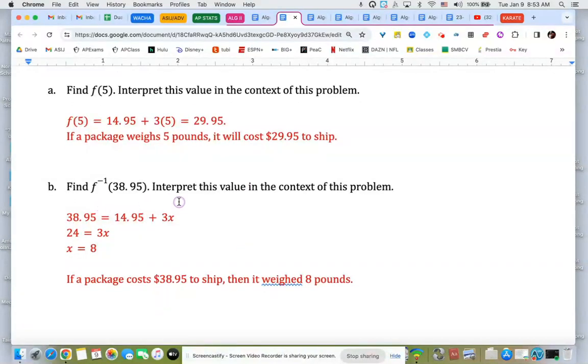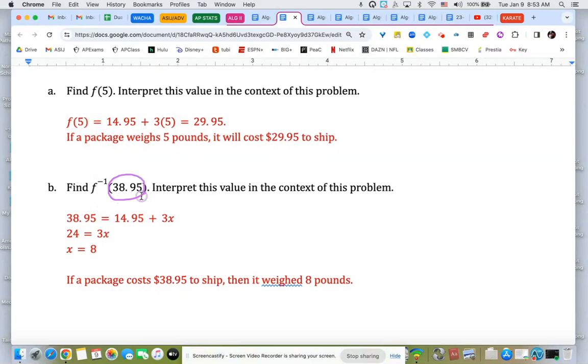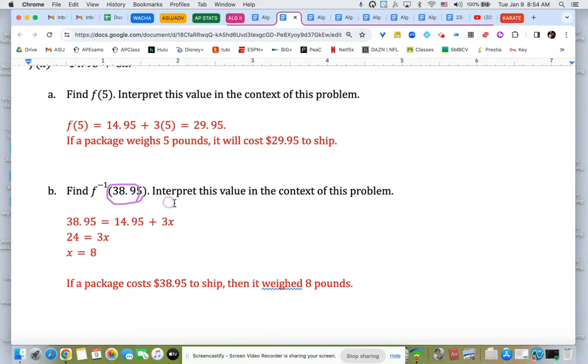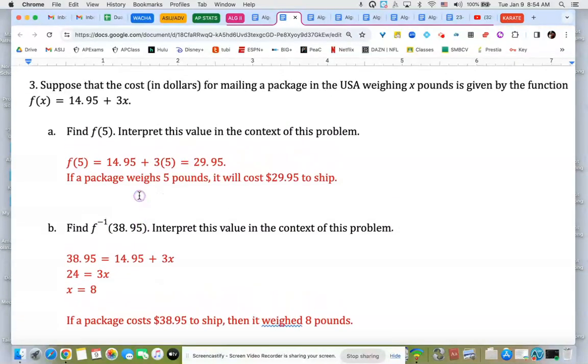Now we have the inverse. So like I said, if I had an inverse function, then I could just put the 38.95 into the inverse function. But I didn't make my inverse function yet. So what can we do instead? Remember, the input of an inverse is the same thing as the output of the original function because the x's and y's have been switched.